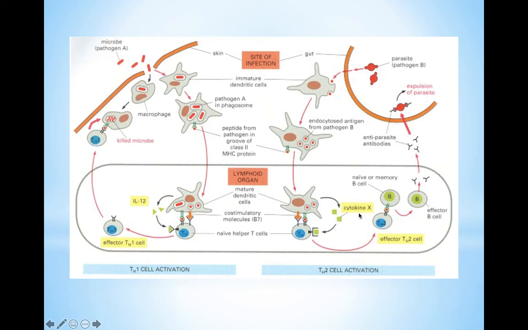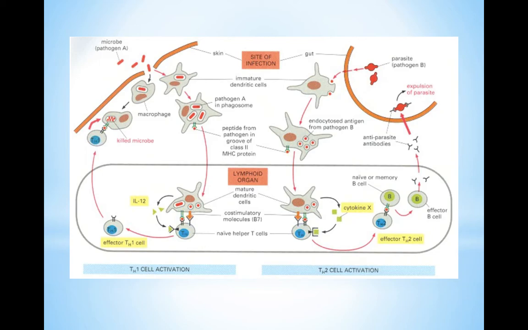So the difference in the chemokines will define whether a naive helper T cell will become an effector Th1 or an effector Th2. And I've mentioned already their subsequent immune responses. So remember, the activation or the effector maturation happens in a peripheral lymphoid organ.